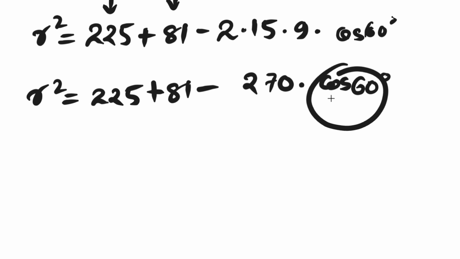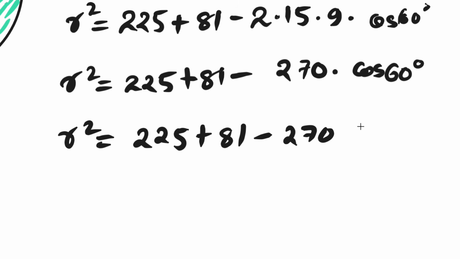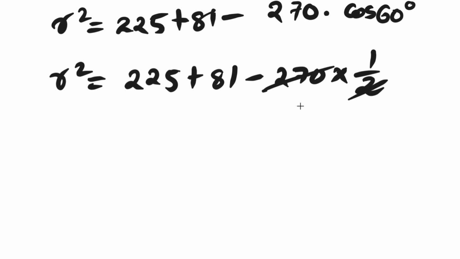Again, the cosine of 60 degrees is 1/2, so we substitute 1/2. That gives r squared equals 225 plus 81 minus 270 multiplied by 1/2. Half of 270 is 135.